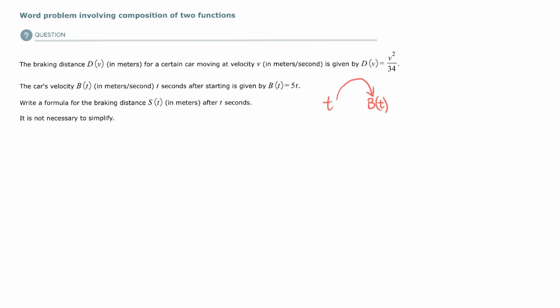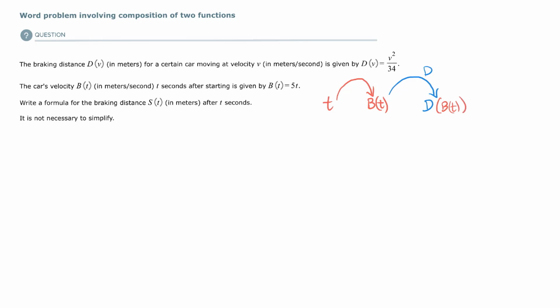Then from there, you're going to take that b of t, which is the car's velocity, and we're going to use the car's velocity to determine the braking distance. And how do we do that? Well, we're going to apply a different mapping here, and that mapping is actually called d. And so your final output is going to be d composed with what? Composed with b of t.